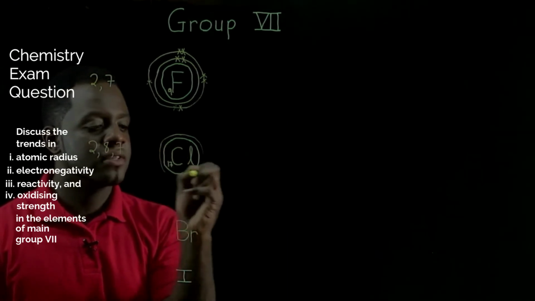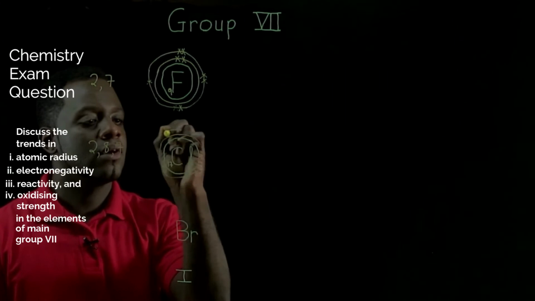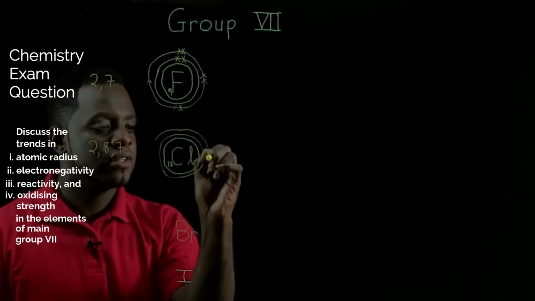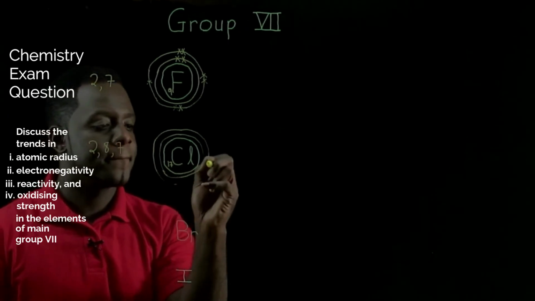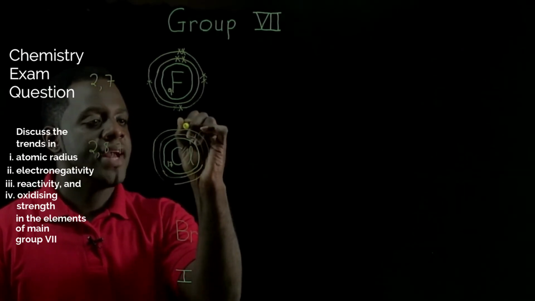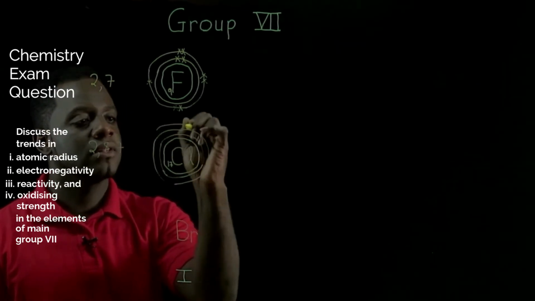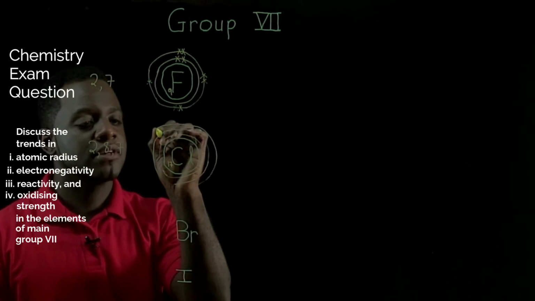given by our second circle, our second shell by our third circle, and the last shell or the valence shell with our fourth circle.